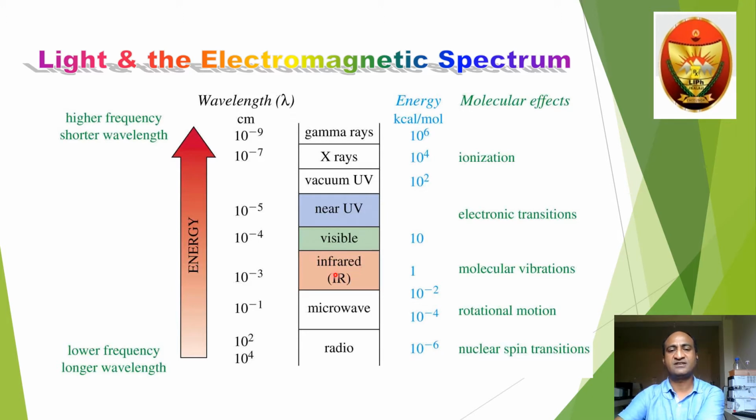Our interest today is infrared, which causes molecular vibration, that is stretching and bending in chemical bonds. Microwave causes rotational motion, and radio frequency in turn causes nuclear spin transitions.